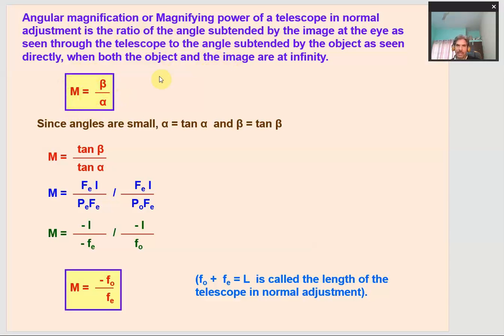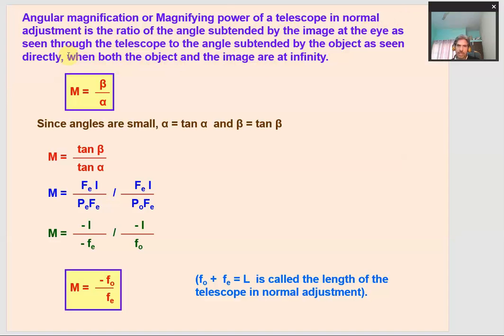Once again, angular magnification in the case of a telescope when the final image is formed at infinity, or the telescope is in normal adjustment, is the ratio of the angle subtended by the image at the eye lens as seen through the telescope, because we can look at the image only through the telescope, to the angle subtended by the object which can be seen directly, when both the object and image are at infinity.